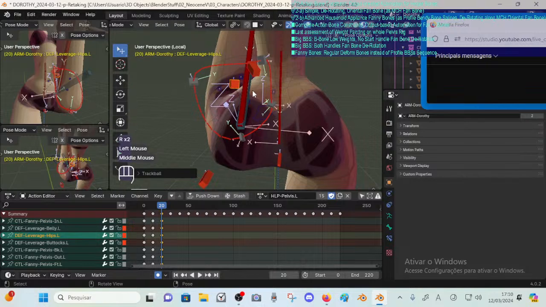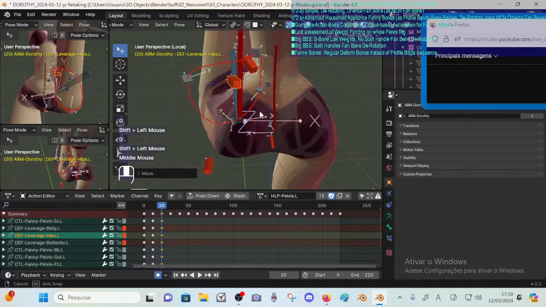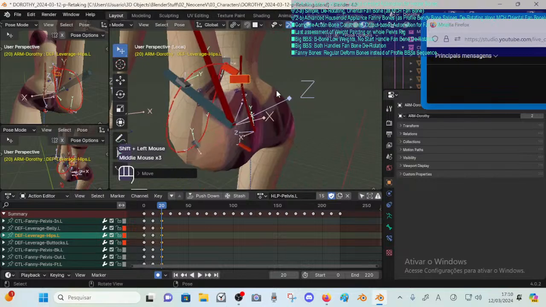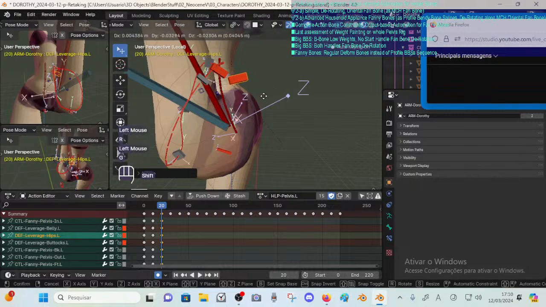Sometimes it loses control. I think it's because of the saving keyframes. Okay, this is relevant.